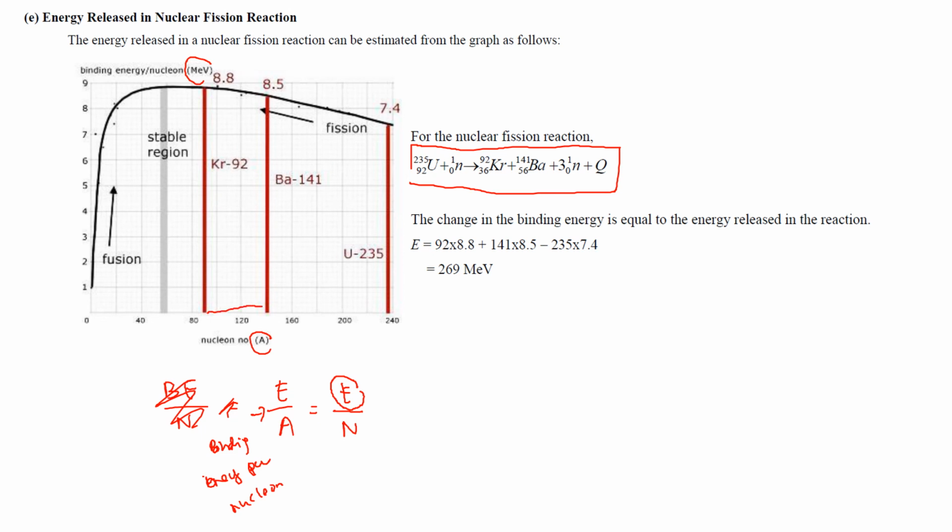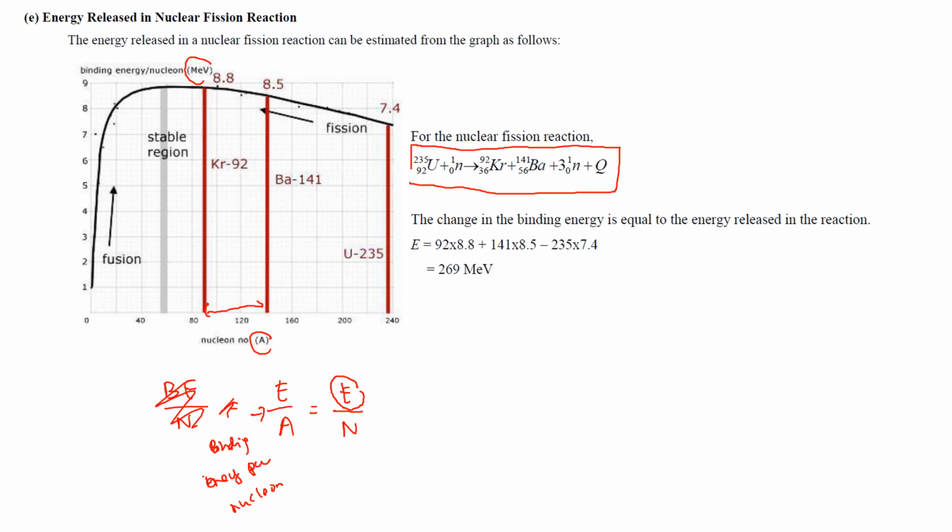Okay, is in this range. Okay, so this is the range of maximum stability. Okay, so the binding energy is equal to the nucleon number times the binding energy per nucleon.